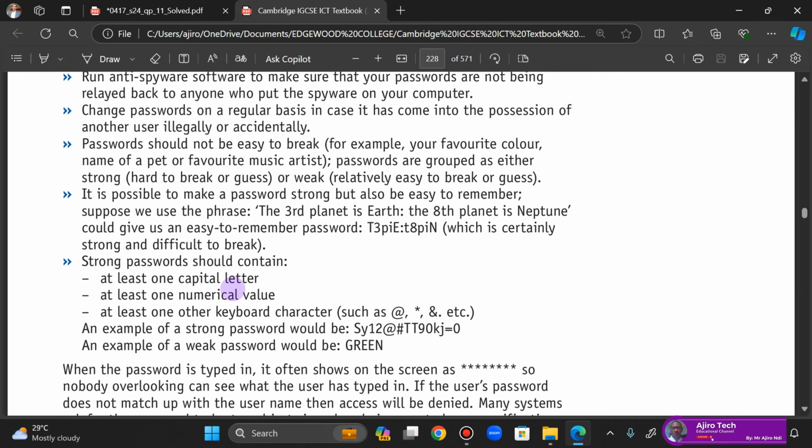It is possible to make a password strong, but it should also be easy to remember. So what should a strong password contain? A strong password should contain one capital letter, one numeric value, and other keyboard characters.